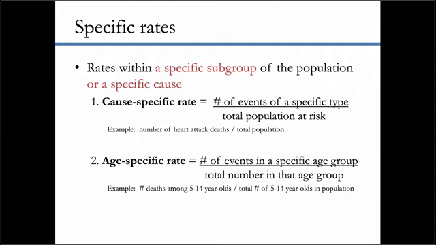So we've used this example in the past where, say, we're looking at the ovarian cancer specific mortality rate, where we're looking at the rate of mortality from ovarian cancer. When we're looking at our total population at risk, we would only want to include people who have ovaries, so biological women who have ovaries that can get ovarian cancer.